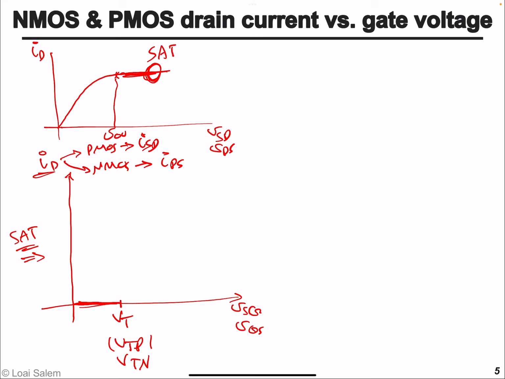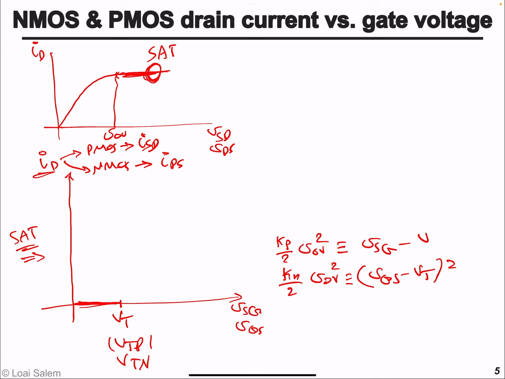We'll find that for a PMOS it is given by Kp divided by 2 V overdrive squared. For an NMOS it is Kn over 2 V overdrive squared, where V overdrive in an NMOS is VGS minus VTN, squared. For a PMOS it's going to be VSG minus VTP, squared.